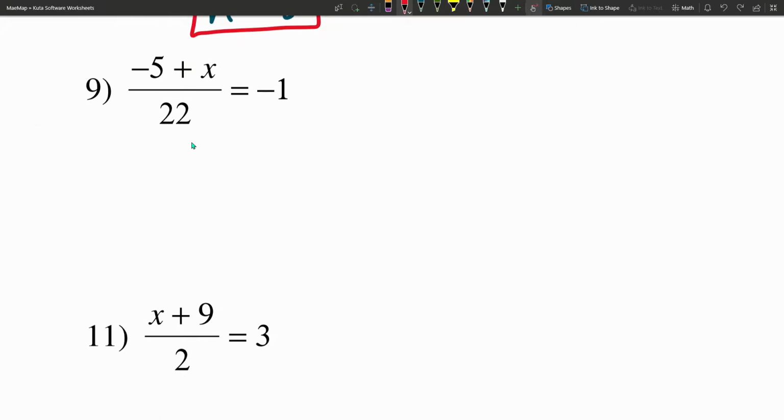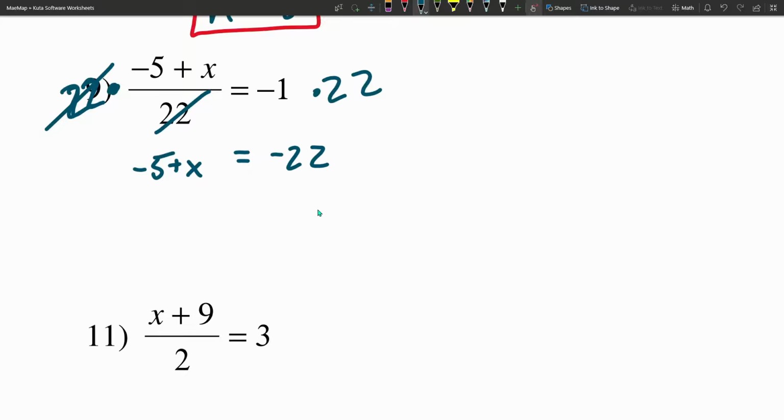We're going to start by multiplying by this 22. So we're going to multiply both sides by 22. When I multiply both sides by 22, 22 divided by 22 is a 1, and negative 5 plus x divided by 1 is negative 5 plus x. And that is equal to negative 1 times 22, which is negative 22.